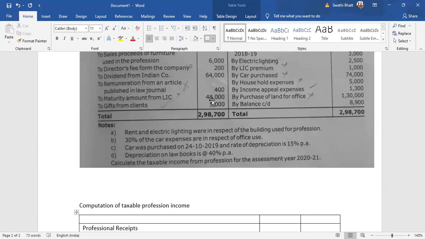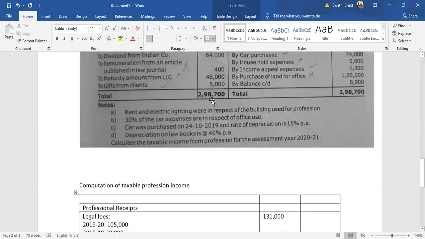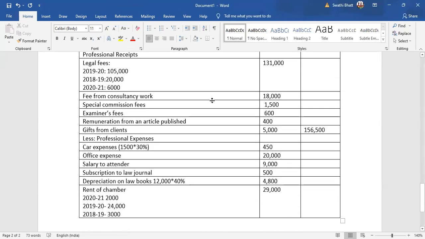Whatever you use for your personal purpose, that percentage cannot be claimed as professional expenses. So they've clearly mentioned rent and lighting are related to your profession. So we'll just write electric lighting over here.